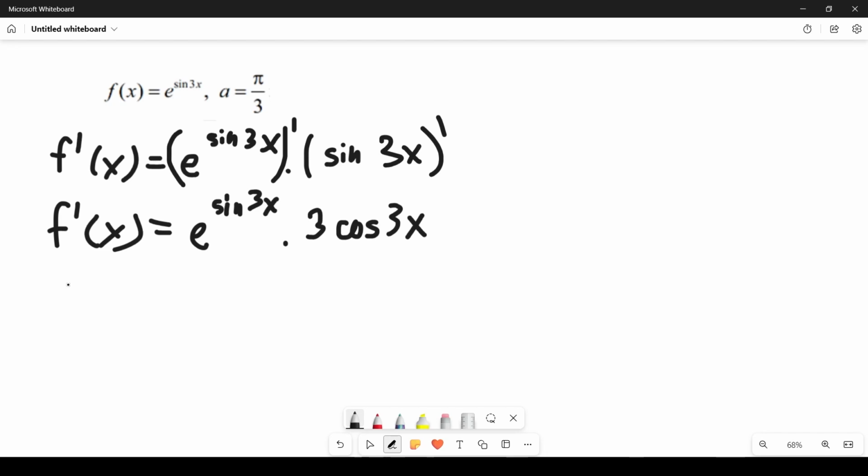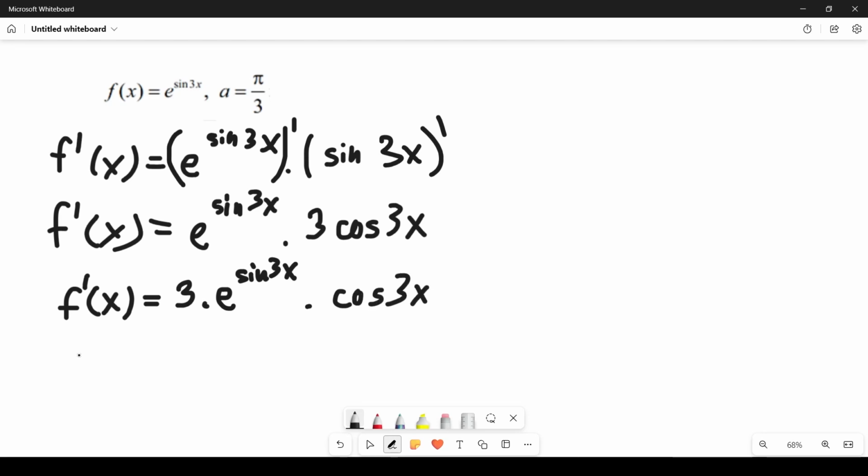Now when we continue with our problem down below, we see that there's nothing more we can actually do for that question. So we can just write that the derivative of x is 3, and we're going to get that 3 in front, times e to the power of sine times 3x times cosine of 3x.